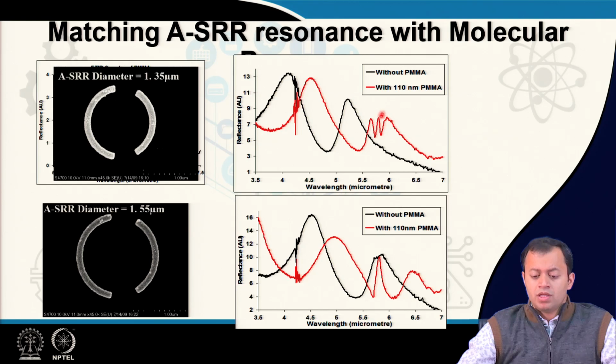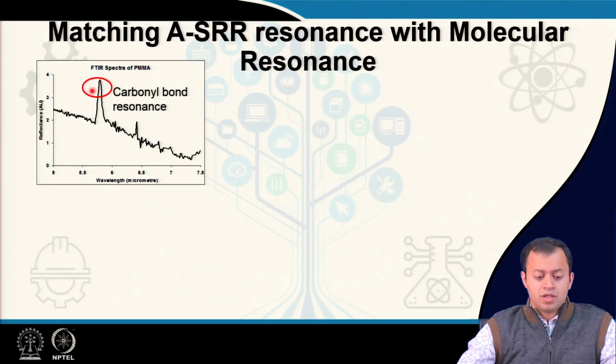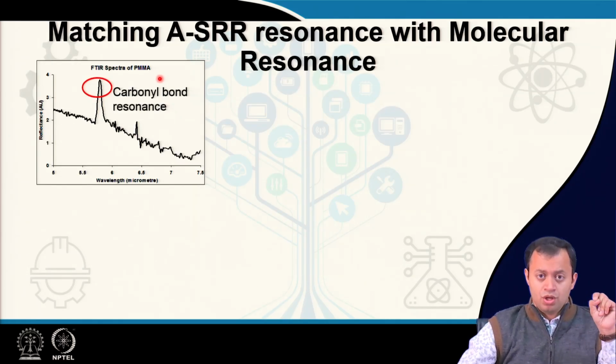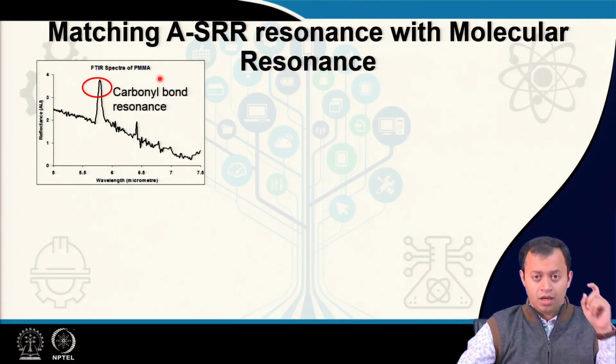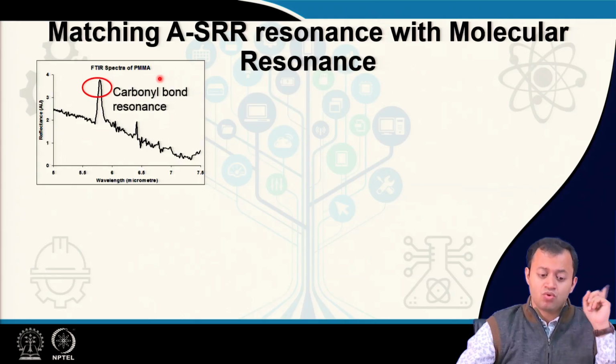You differentiate by this. You target one specific molecular resonance. Carbonyl bond molecular resonance is the spectral signature of PMMA. You ensure that the resonance response of your split ring resonator is specific, is matching to that particular response.